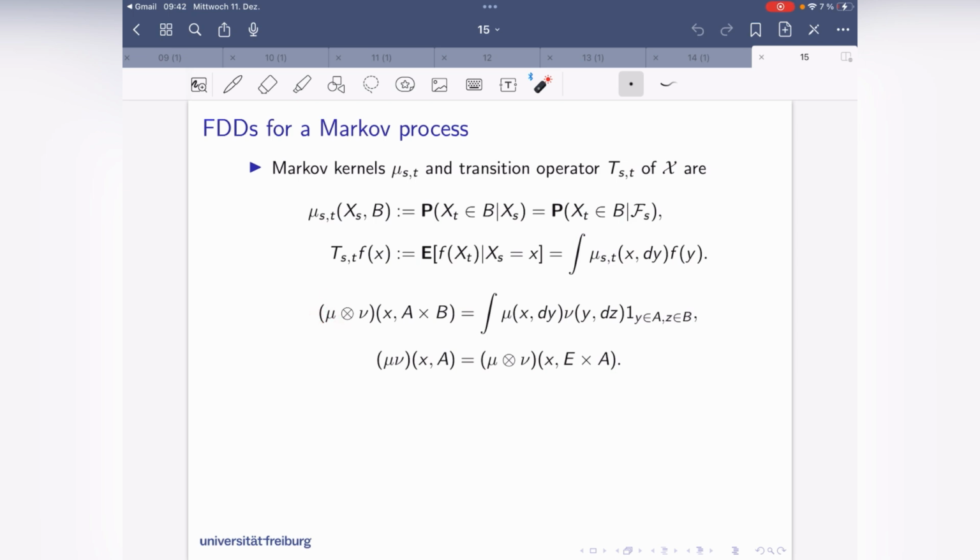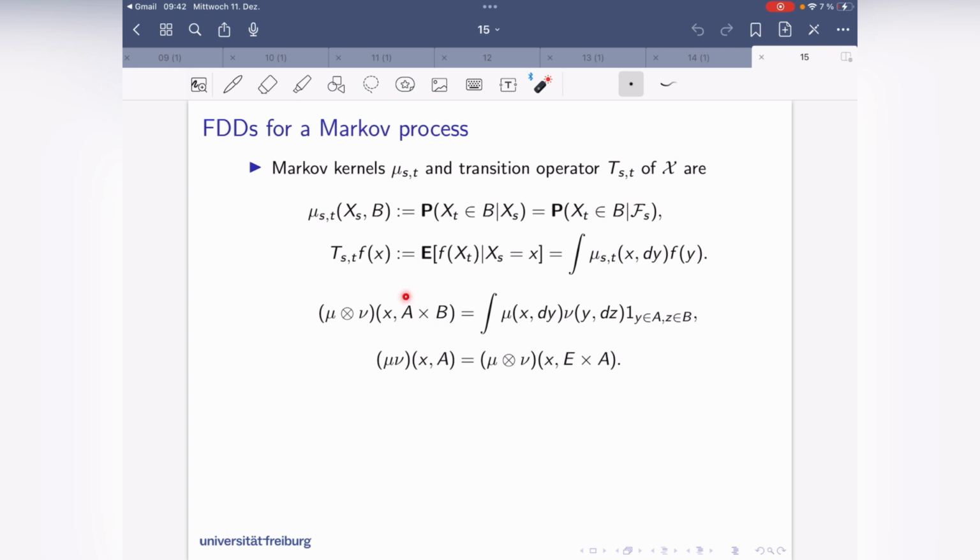And then wherever you are in A, let's say that is some point y, to go from y to B according to the kernel ν. That's the formula. So y is in A, z is in B, and I go from x to y using μ, and from y to z using ν.